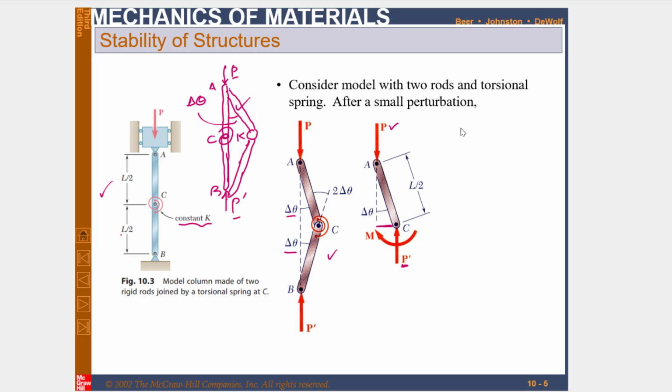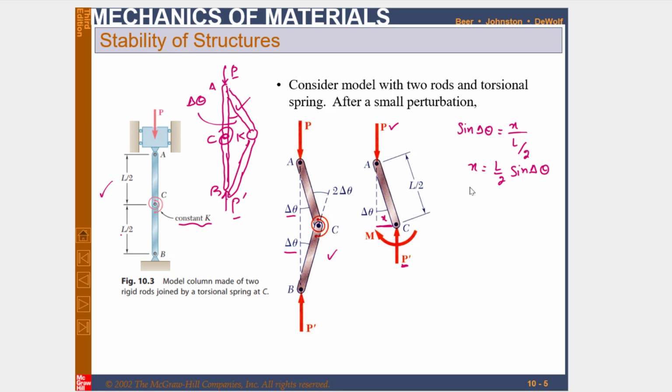If you take the sine of this delta theta, it will be equal to this distance divided by the hypotenuse. Let this distance be any value, x. So this will be x by L by 2. Clear? So this x distance will be equal to L by 2 sine of delta theta.